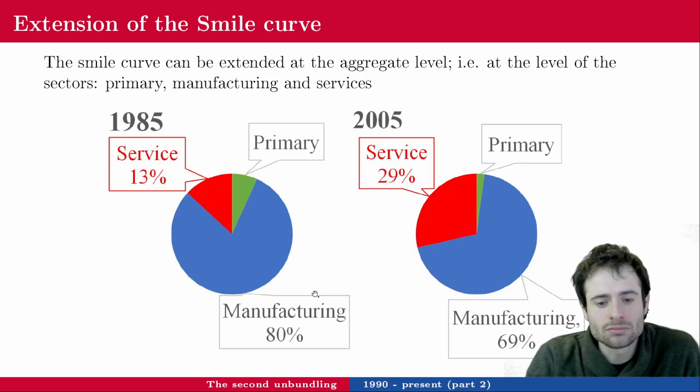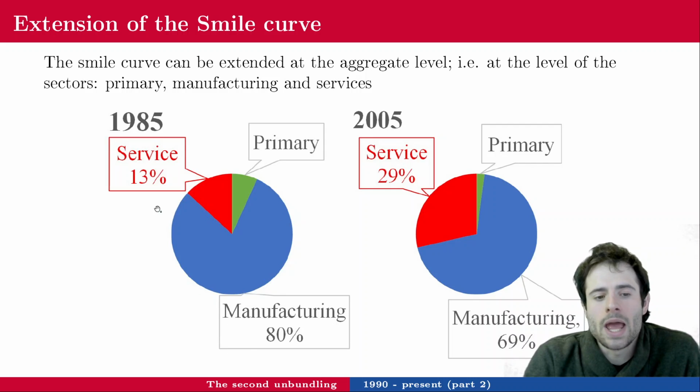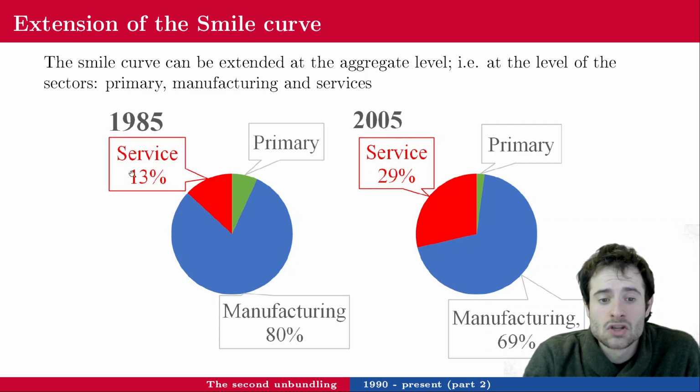And by extension, we also observe this phenomenon overall in the three different sectors of production. Primary is raw materials. Manufacturing is pure industry, pure factory work. And services represent everything else. Between 1985 and 2005, services have more than doubled. Manufacturing has decreased a bit, and primary has decreased quite a lot.